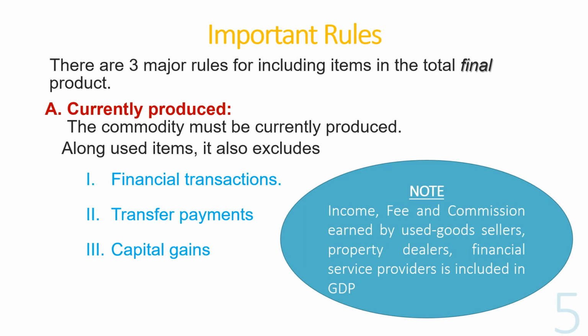Dear listeners, as these goods or properties are not currently produced, their price is not included in GDP, but the fee or commission charged by the agents is included in the GDP because the services of these agents are currently produced.